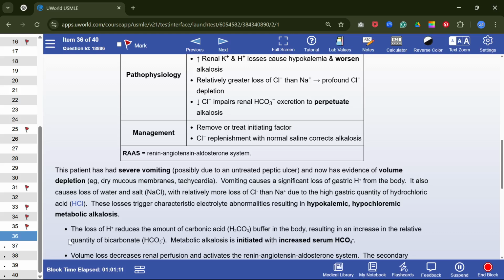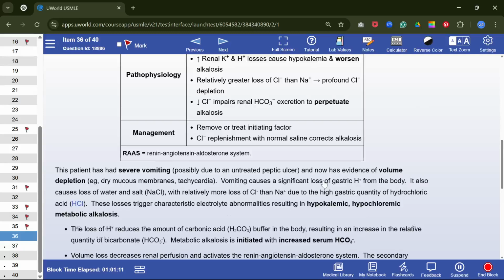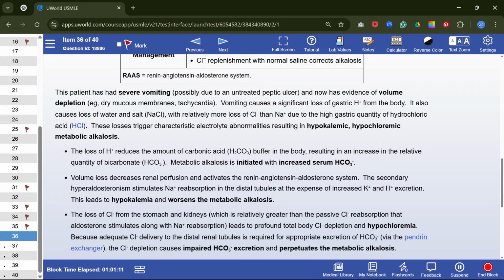This patient has severe vomiting, possibly due to untreated peptic ulcer, and now has evidence of volume depletion: dry mucous membranes and tachycardia. Vomiting causes a significant loss of gastric hydrogen from the body.